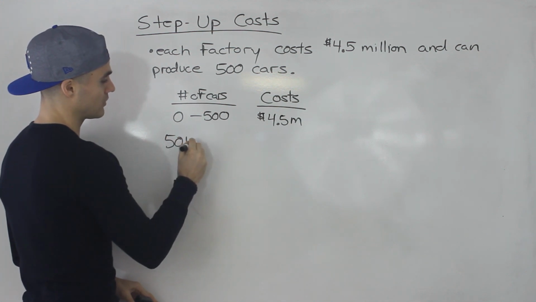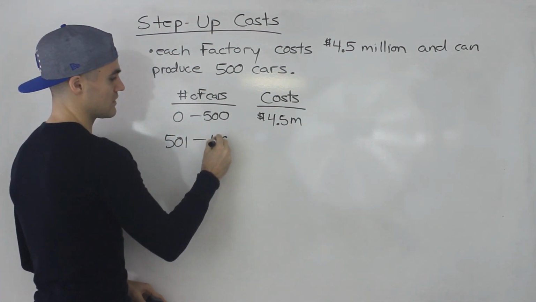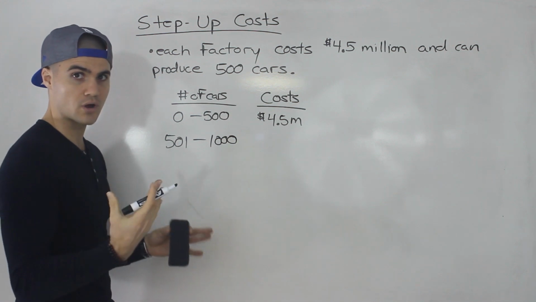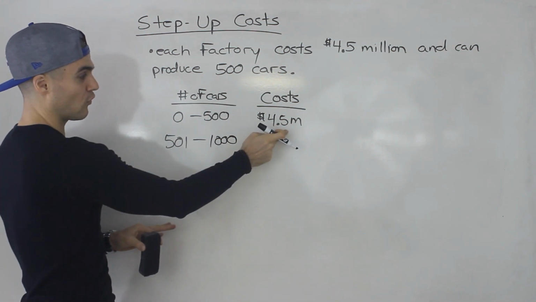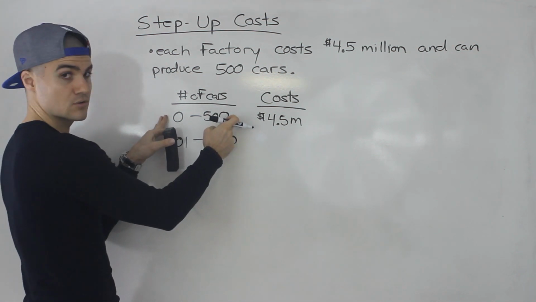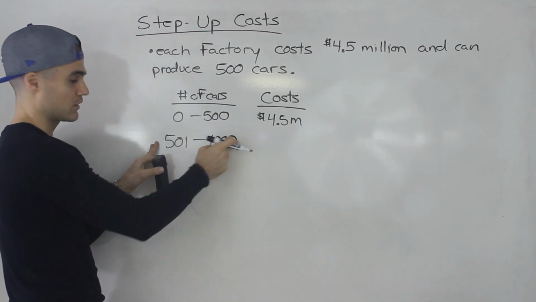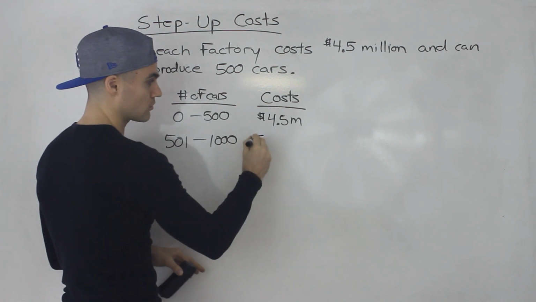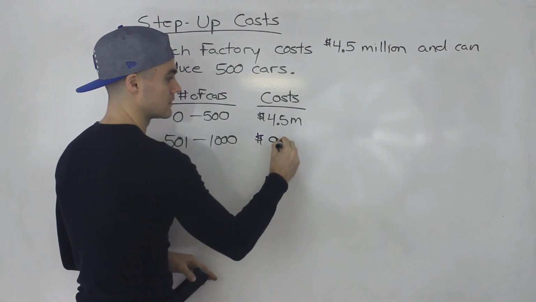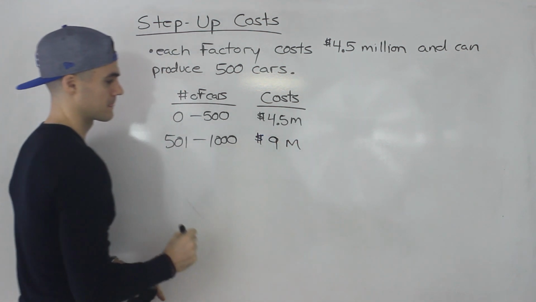And then from the 501st car to the 1000th car, what's our total cost going to be? Well, we have the 4.5 million allocated to these cars plus another 4.5 million for the next 500. So our total costs now are going to be 9 million. Right?